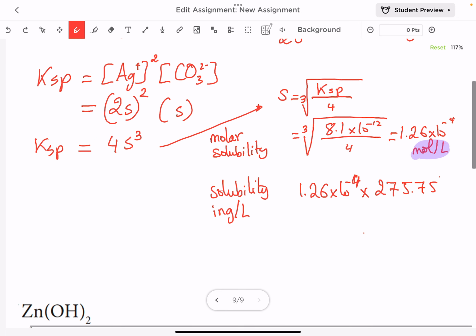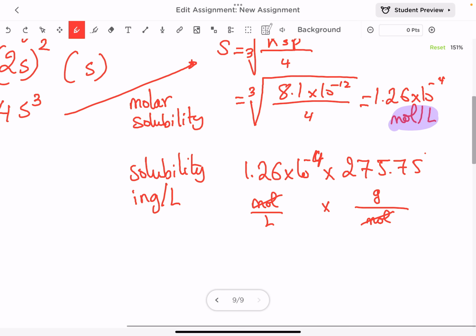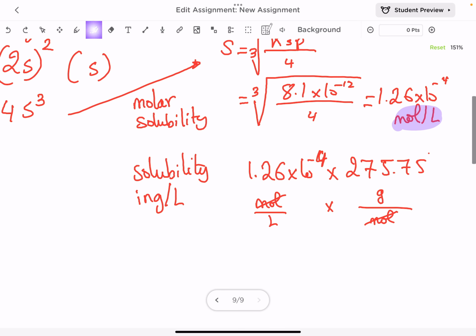I'm going to explain this now. This is in mole per liter, and the molar mass is in gram per mole. So if I multiply them, the solubility will be obtained in gram per liter.